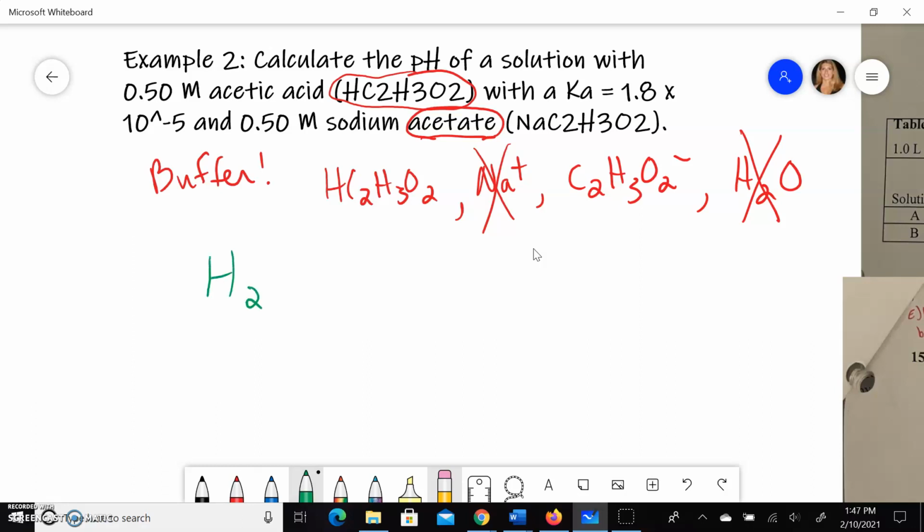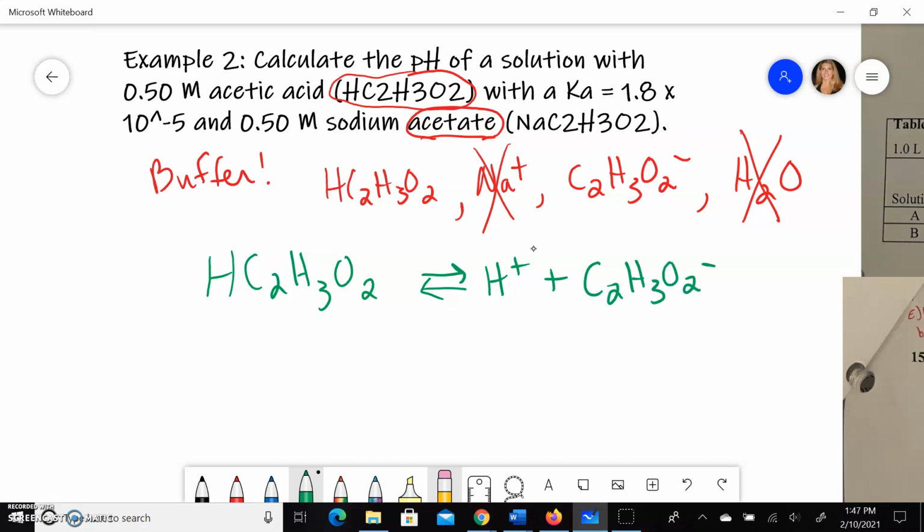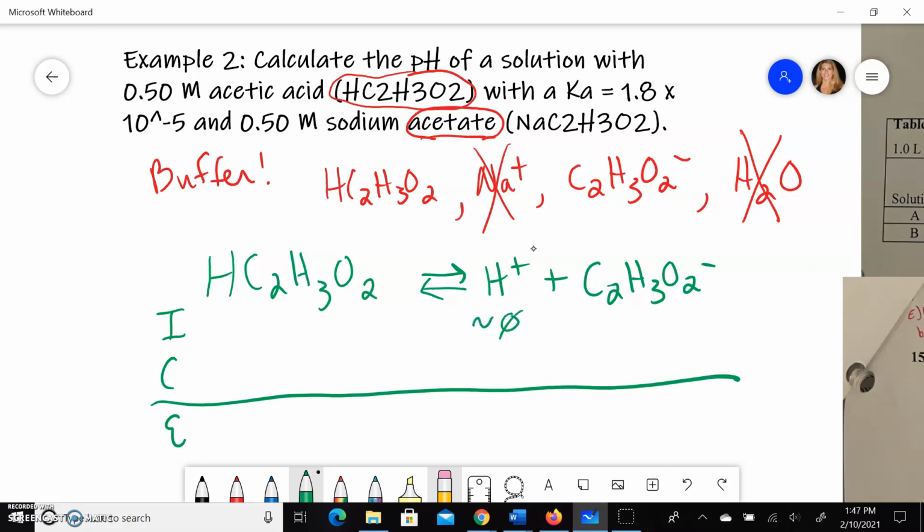Let's set it up for the weak acid. So we're trying to see how much this is going to dissolve. And we're going to get a little bit of hydrogen from the water.